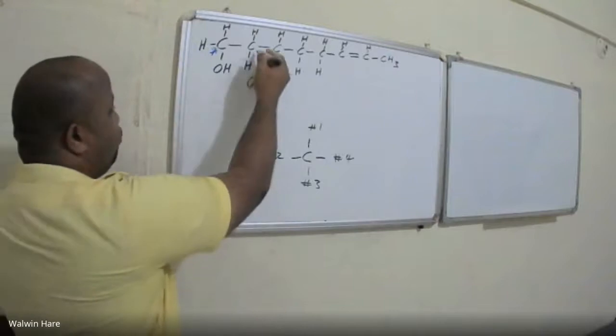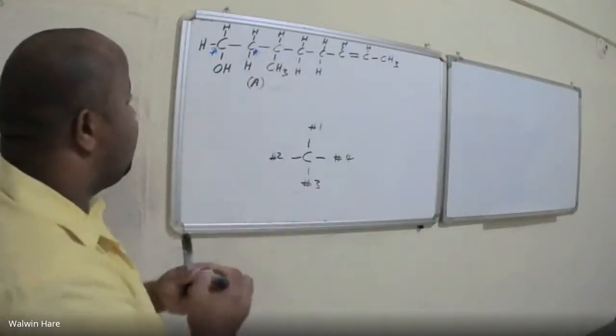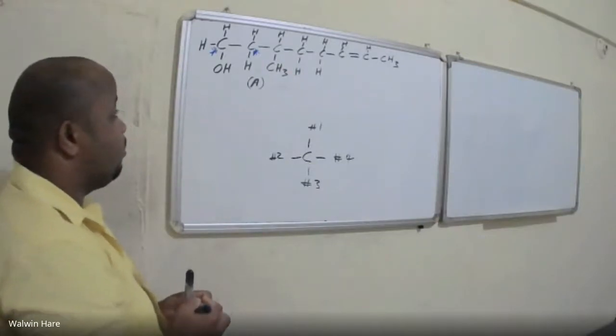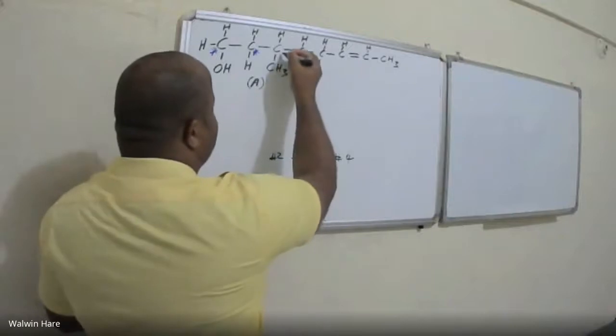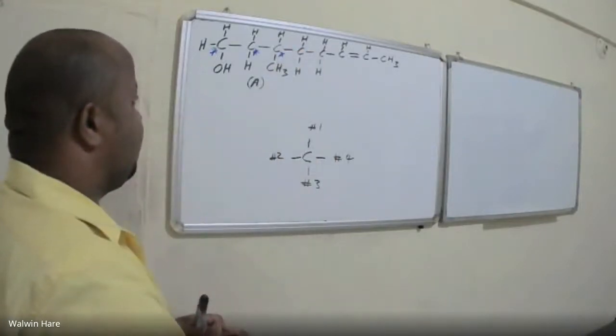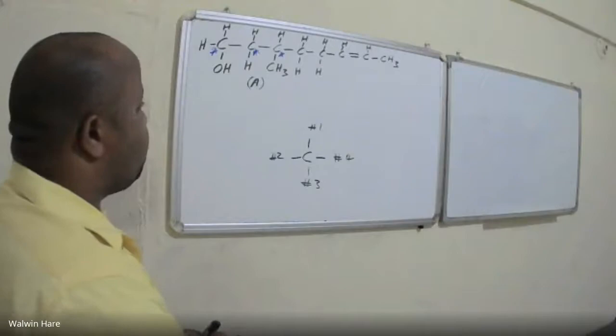So let's move to the second carbon. Is it a chiral carbon? No, sir. There are 2 hydrogens attached. Right. Continuing to this one. Can this one be a chiral carbon? Yes, sir. Tell me the 4 groups.